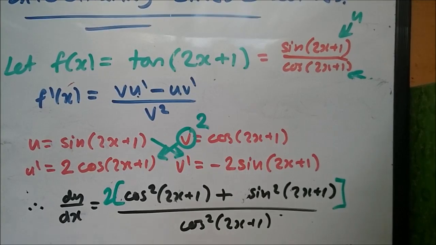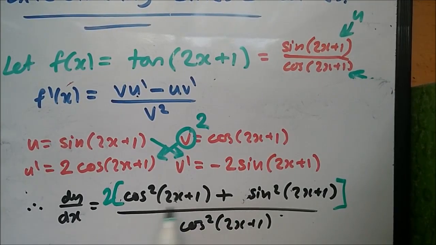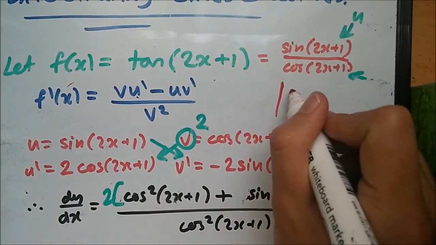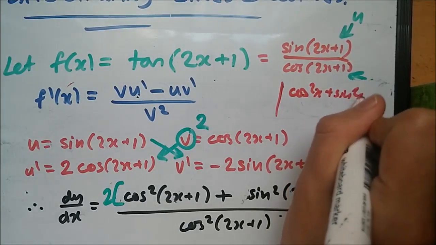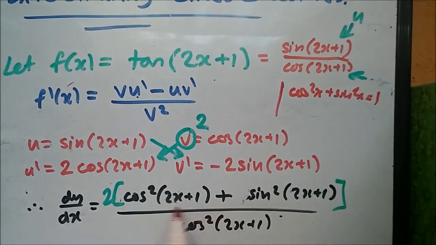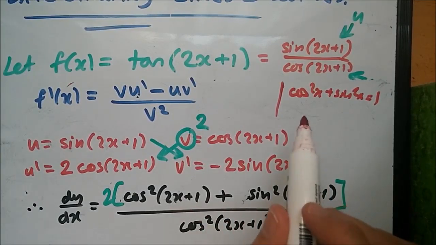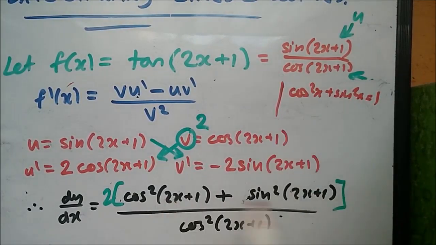We should know the property that cos squared x plus sine squared x always equals 1. It doesn't matter if it's 2x plus 1 or any other variable; if this property is here, then all of this equals 1.